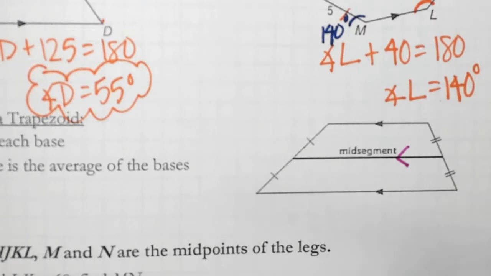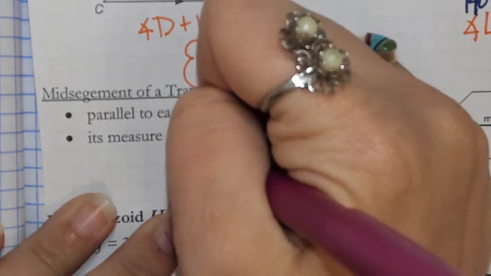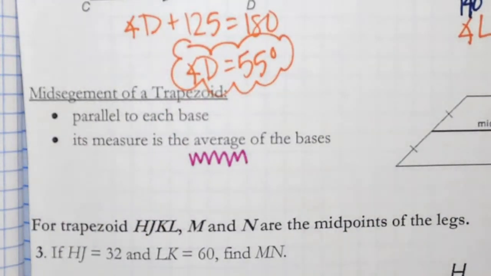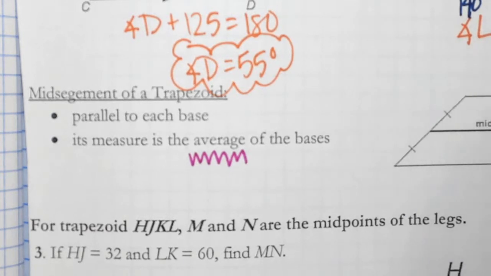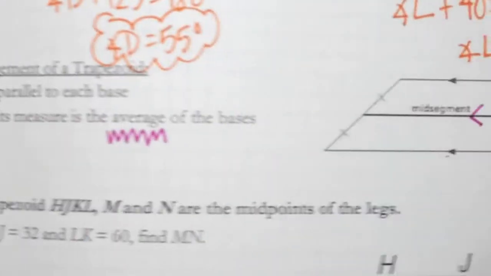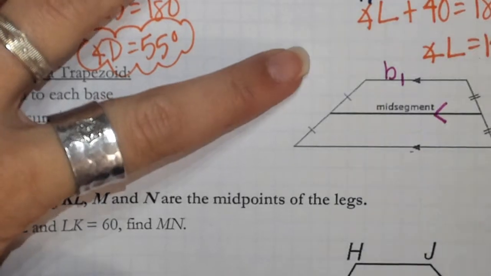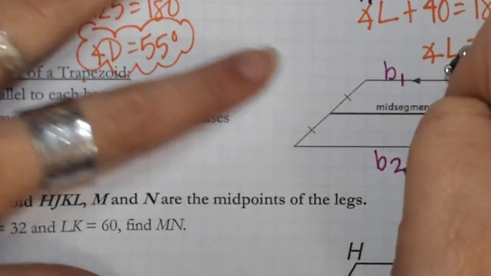It says its measure is the average of the bases. What does the word average mean? You add them together and divide by how many there are, correct? So if I add these together, what am I going to divide by? By 2. So to get my mid-segment, if I called this base 1, what would this one down here be? Base 2.